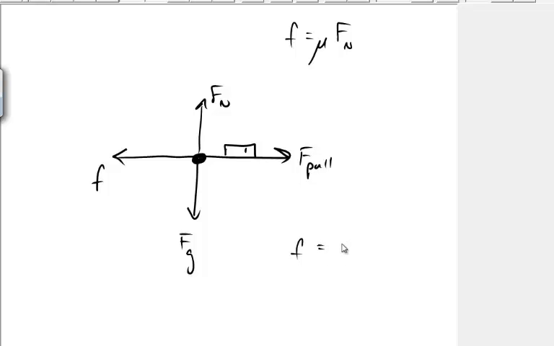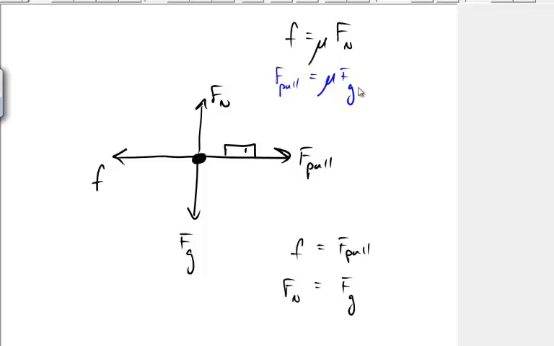They're equal to each other. They have to be the same. And because of the third law, what can you tell me about the normal force with respect to weight? It's the same. It's got to be the same. So we can write our equation a little differently, and we can say that the pulling force is equal to the coefficient times the weight.